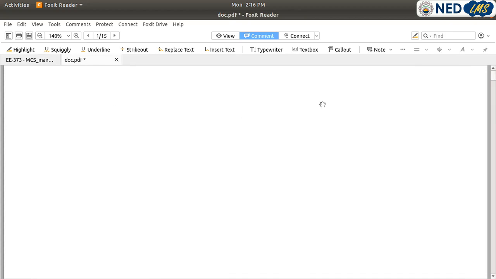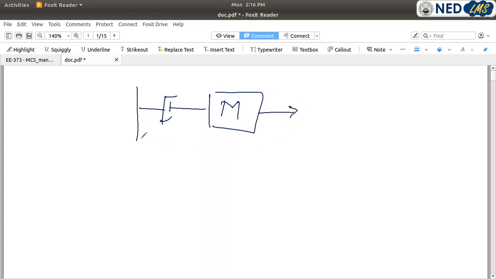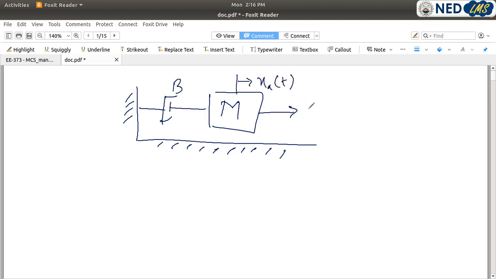So this system will become like this. Damper. Sorry for my bad handwriting. This will become x a of t, and this will become f a of t.